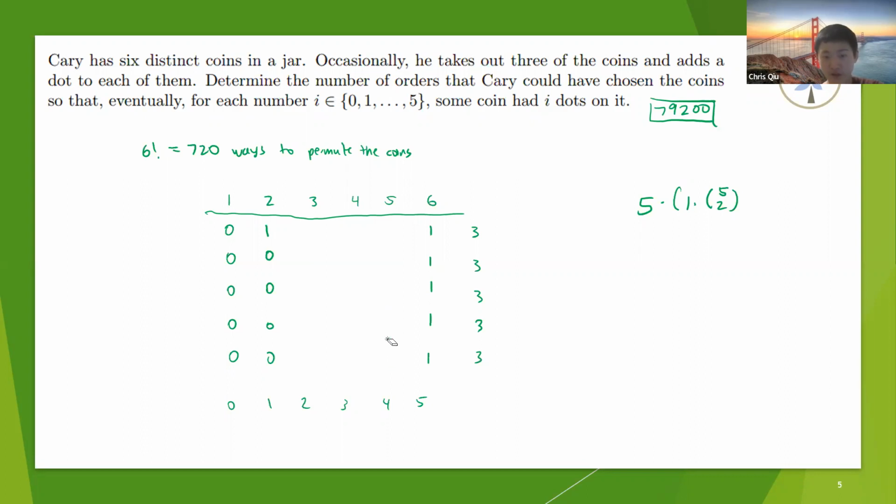So the other case is if we place the 0 somewhere here. If we put the 0 here, or any of these other places that do not coincide with the row that already has a 1, then there's going to be 4 ways to choose where the 0 goes. And then we want to consider the number of ways we can fill in column 3 and column 4. So first of all, these 2 have to be 0 because we already have a sum of 3 in the first row.